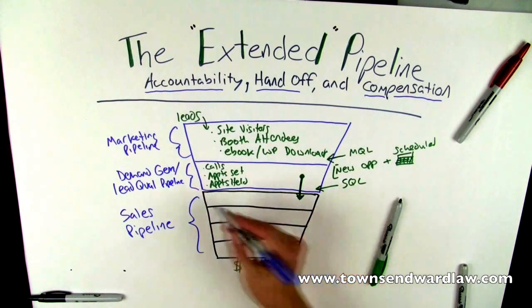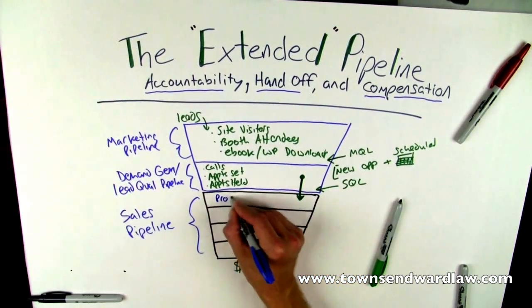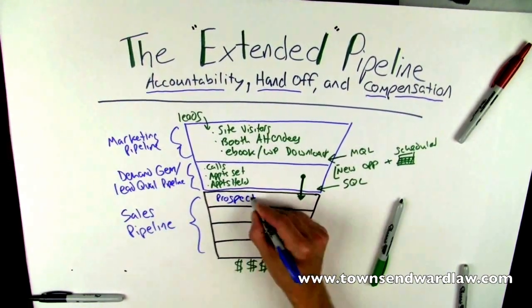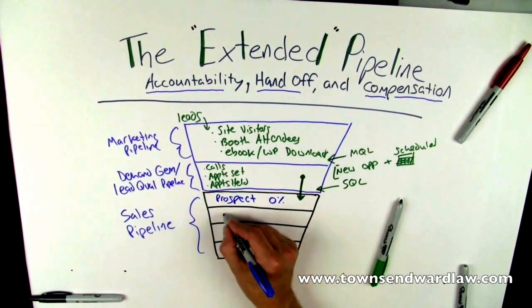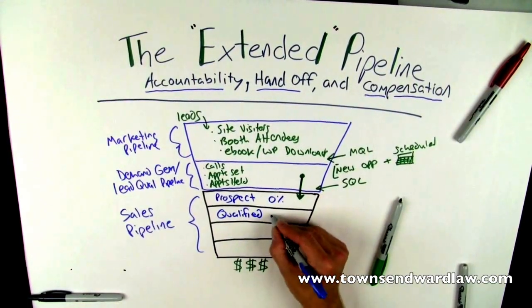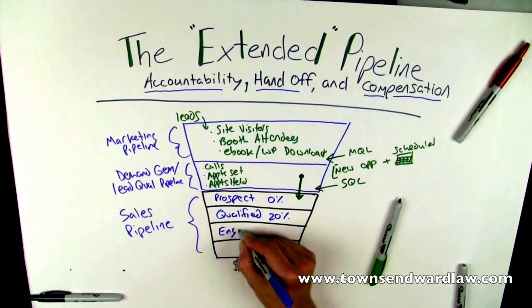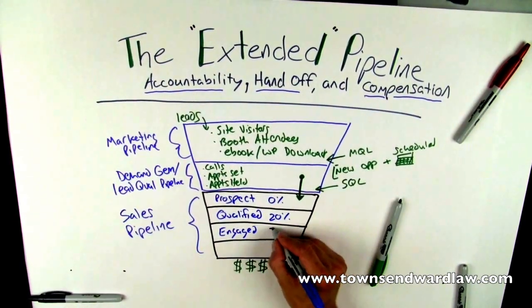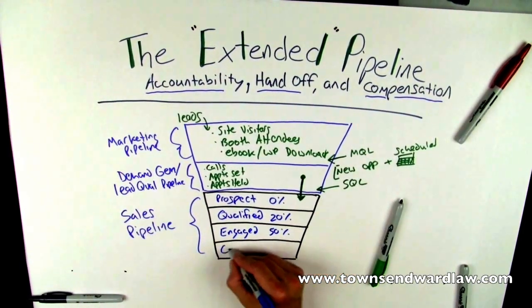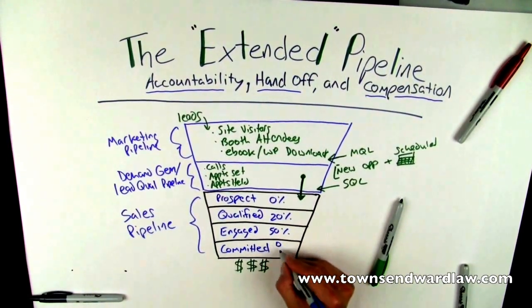So this gets us into the main concept of a funnel and how things enter the funnel. I'll just use my schema for how I look at a funnel. My first stage is always called a prospect, and I actually create that at 0%. My second stage I call qualify, at 20%. My third, engaged, at 50%, and my fourth is committed, at 80%.